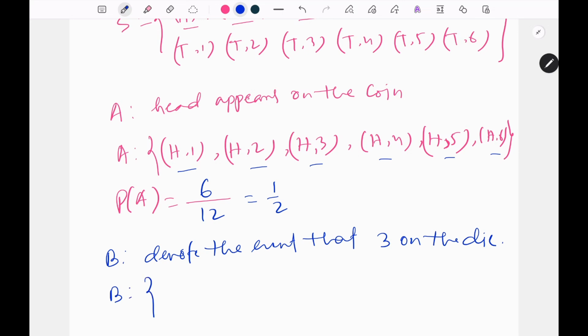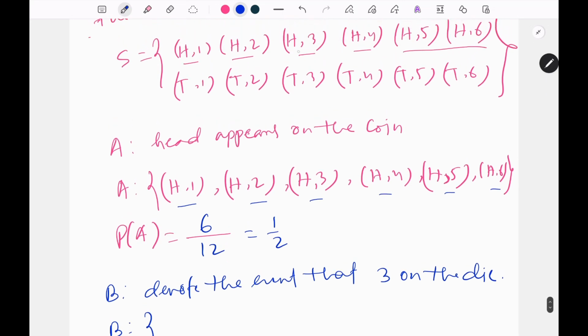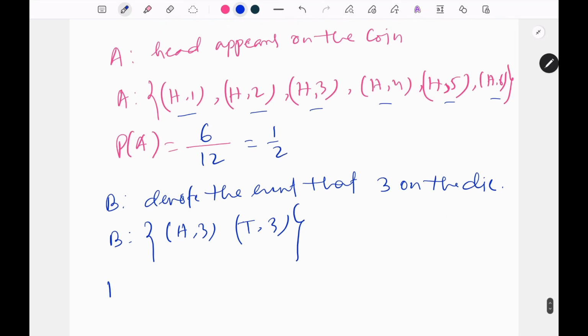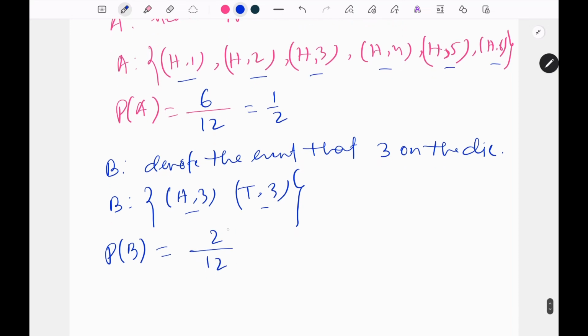So what will be the outcome for this? 3 on the die, that means head 3 and tail 3 will come. So what is the probability of B? How many elements are there? 2, and the sample space is 12. So it is 1 by 6.